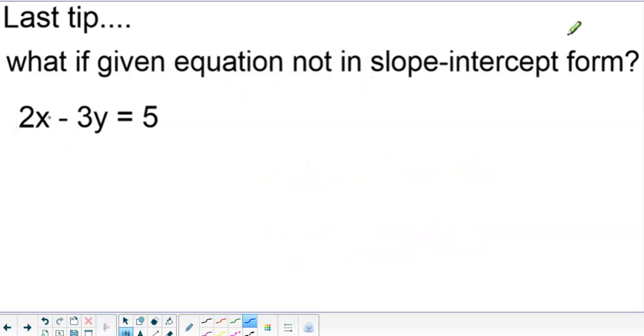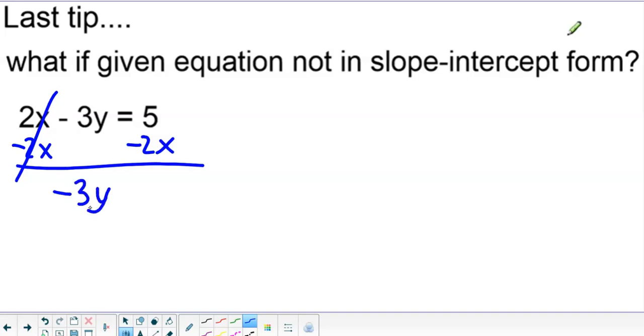The first thing we do is get rid of this 2x by using the inverse operation of subtraction. Once we do that, we rewrite what we have. We have a negative 3y still on the left side, but now we have a 5 and a minus 2x on the right. It does not matter which order you write this.